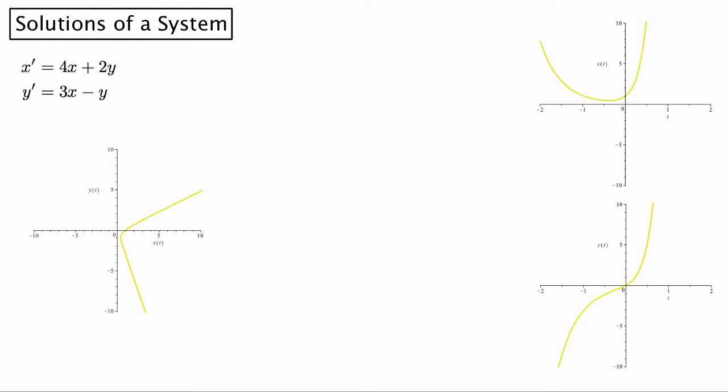If you recall from that video, the solutions that we ended up with were of the form x of t is c1 e to the 5t plus c2 e to the negative 2t, and y of t was equal to 1/2 c1 e to the 5t minus 3 c2 e to the minus 2t. So that was our solution from last time.